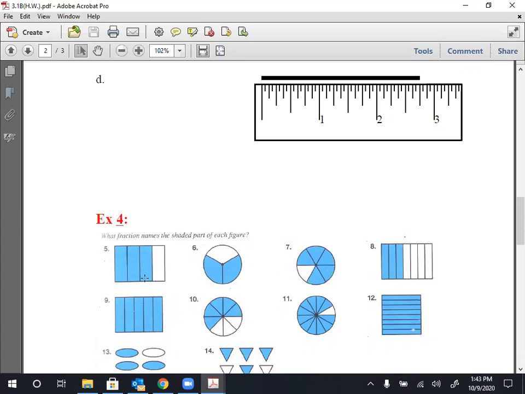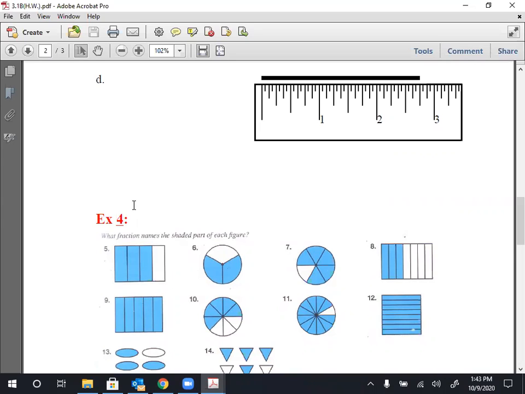How many segments do you have? 4. How many are shaded? 3. Right. So if you want to find the shaded portion, you say 3 out of 4, or 3/4.